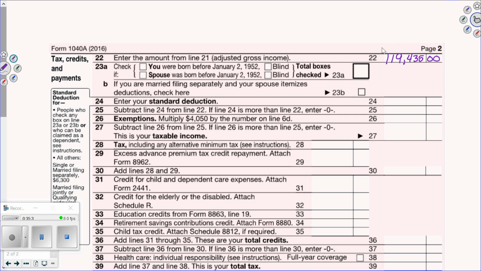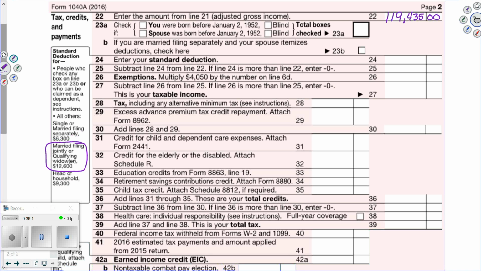All right, so 24, enter your standard deduction. Now, you got to look over here to the side. Standard deduction for, look all the way down here. Which one are they? Married filing jointly. So $12,600.